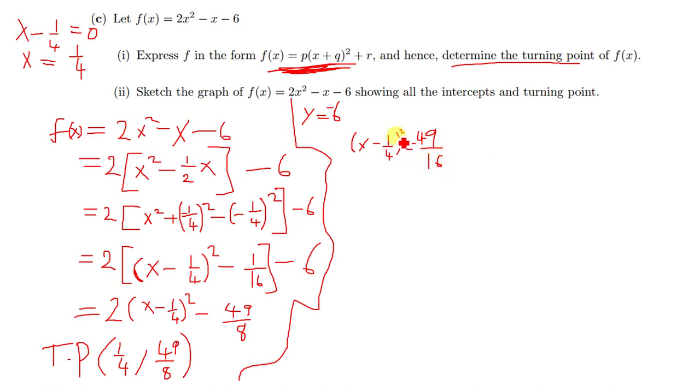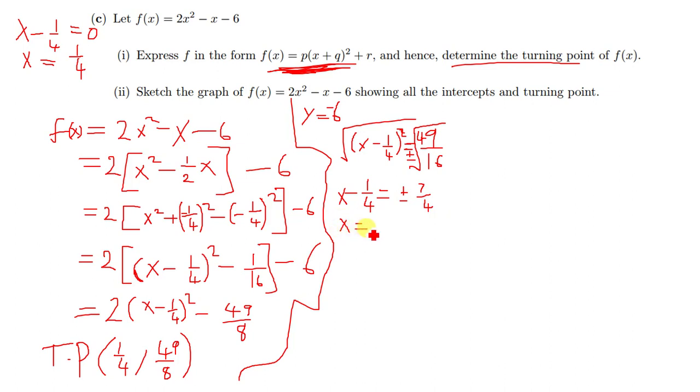So after doing this, we get rid of this square now. How? By square rooting both sides. But remember, this side always moves with plus or minus. So our solution is x minus 1 over 4 is equal to plus or minus the square root of 49, which is 7, over the square root of 16, which is 4. So you just take this 1 over 4 to the other side of the equal sign.